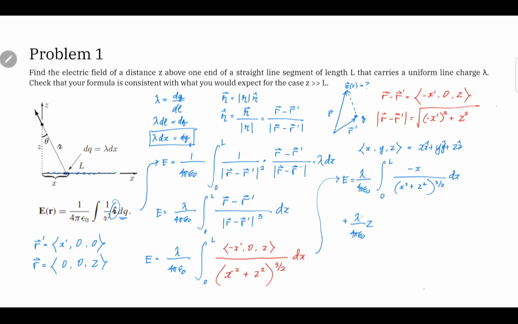So lambda z over 4 pi epsilon naught multiplied by the integral from 0 to L of 1 over x squared plus z squared raised to the quantity of 3/2 integrated with respect to dx. That essentially is going to be your electric field expression.